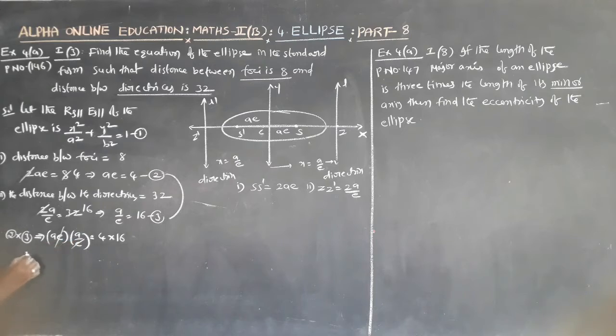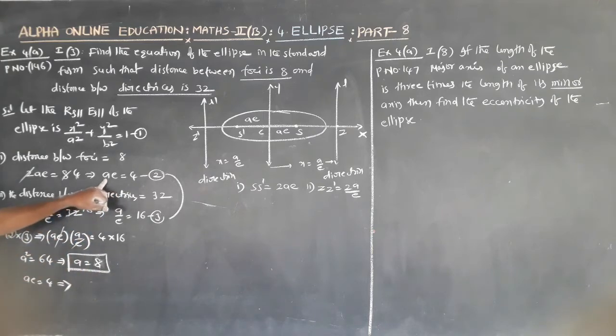A into A, A square, equal to 4 sixteens are 64. So A square equal to 64 means A is equal to 8. A is equal to 8.